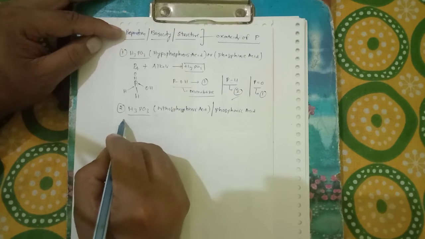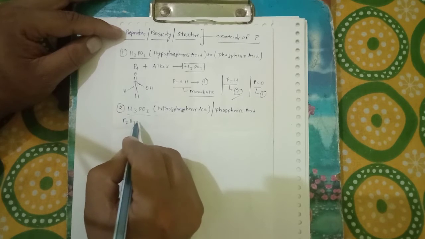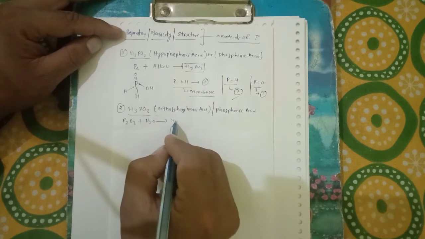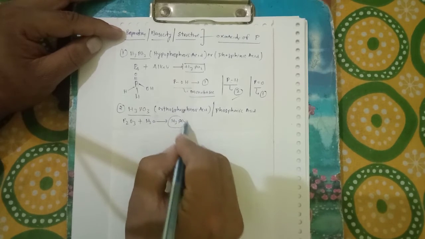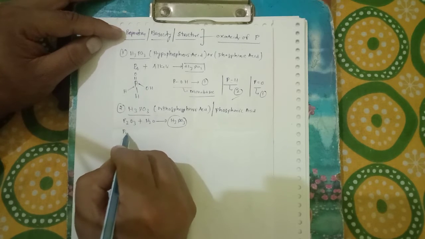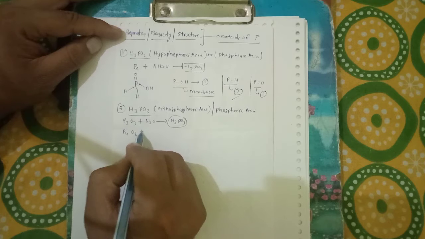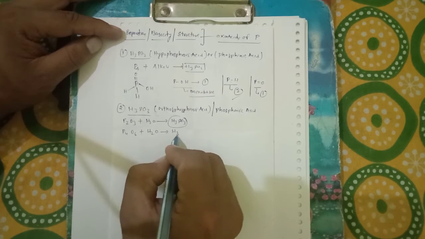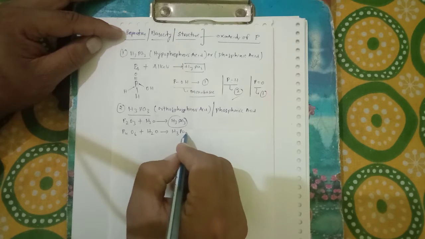Let us see its preparation, that is P2O3. When treated with water molecule, it forms H3PO3. Or it can also be prepared by a reaction of P4O6 with water molecule and it forms H3PO3.